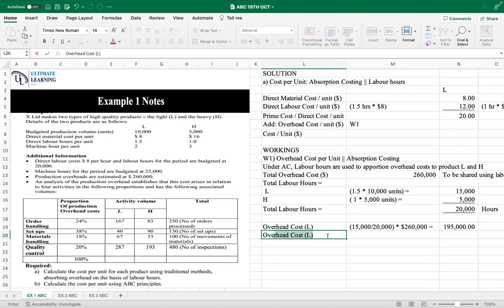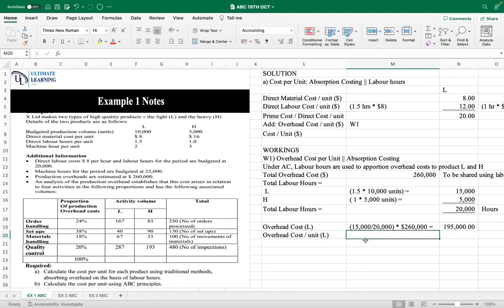Again, I repeat the same. Overhead cost per unit of L. Now, per unit, you will take 195,000, which we have got, and divide by the number of units, which is 10,000.